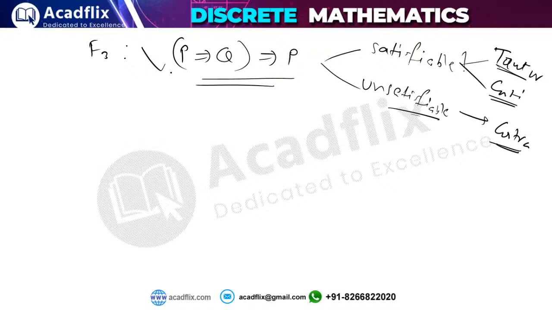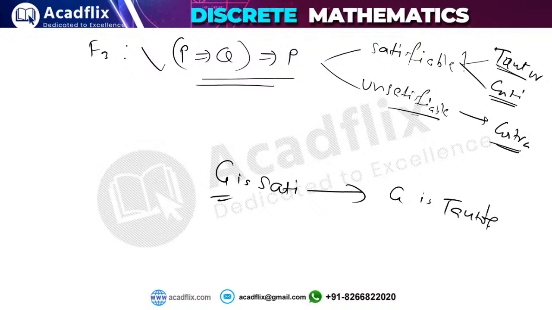The difference between contingency and satisfiability, Devika is asking. So you see, satisfiability means, let's assume you have a formula G. If this formula G is satisfiable, then it means G is either tautology or G is contingency.